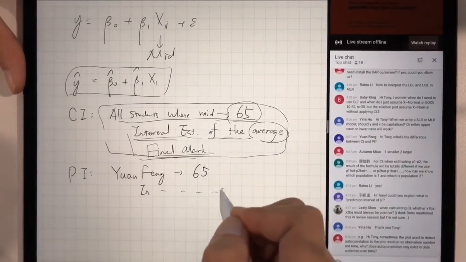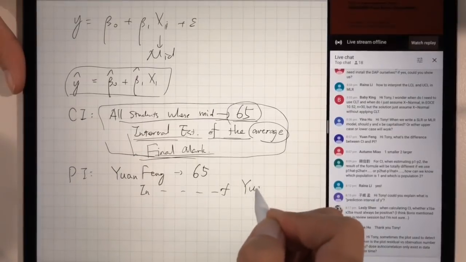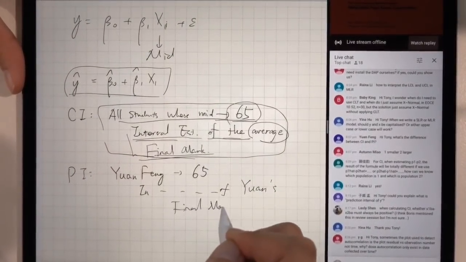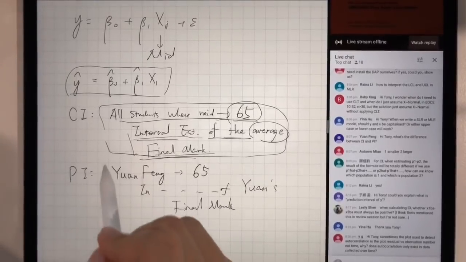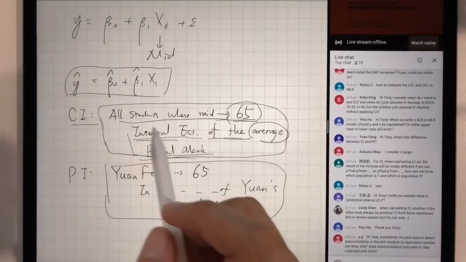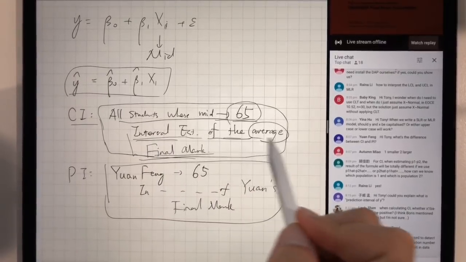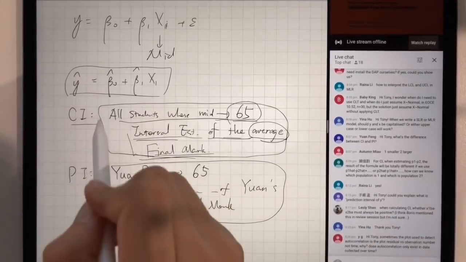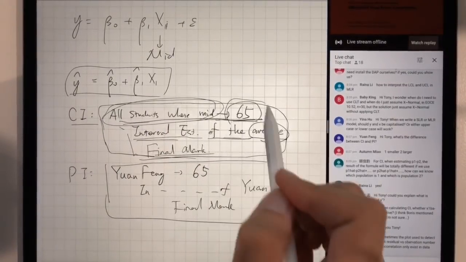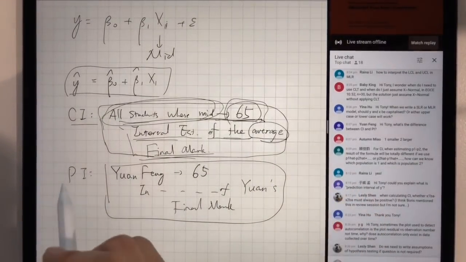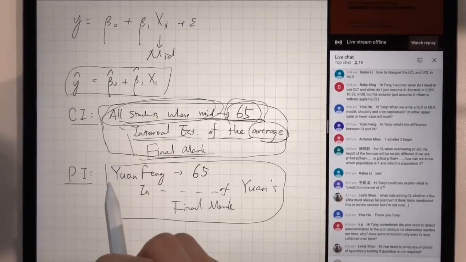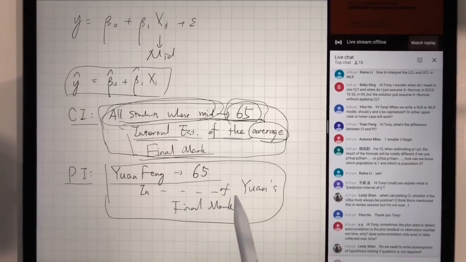Can you see the difference? As we can see, for confidence interval, they are estimating the average of all the observations that have the same feature, right? But for prediction interval, it is predicting a particular observation, right?